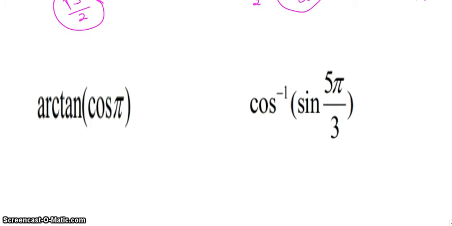And let's look at 2 more. So instead of my inverse being on the inner function, it's going to be on the outside. So if I want to take the cosine of pi, cosine at pi, we're looking at over here. So that is -1, 0. Cosine is therefore that -1. So if I want the arctan of -1, which value gives me the 1?